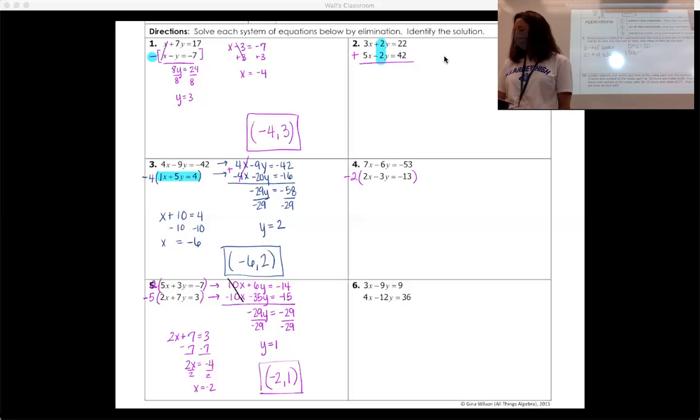So 5 times the number of CDs will give us how much she spent on CDs. How much she spent on books plus how much she spent on CDs is going to tell us how much she spent altogether, which was how much? 54.50, right? So we've got our 2 equations.